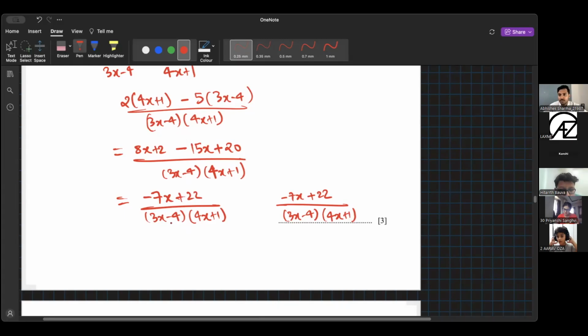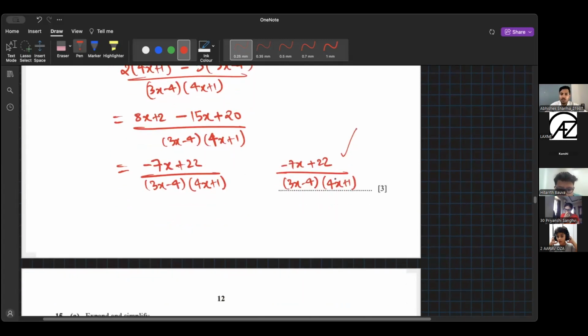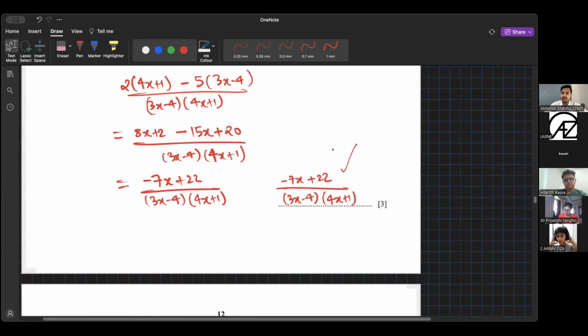There are two binomial expressions. We did not multiply just to see if there's anything common with the numerator that we can cancel out. But there was nothing common. You can write your answer like this also, or you can multiply the denominator and write it as a single expression instead of a multiplication of two binomials. Okay.